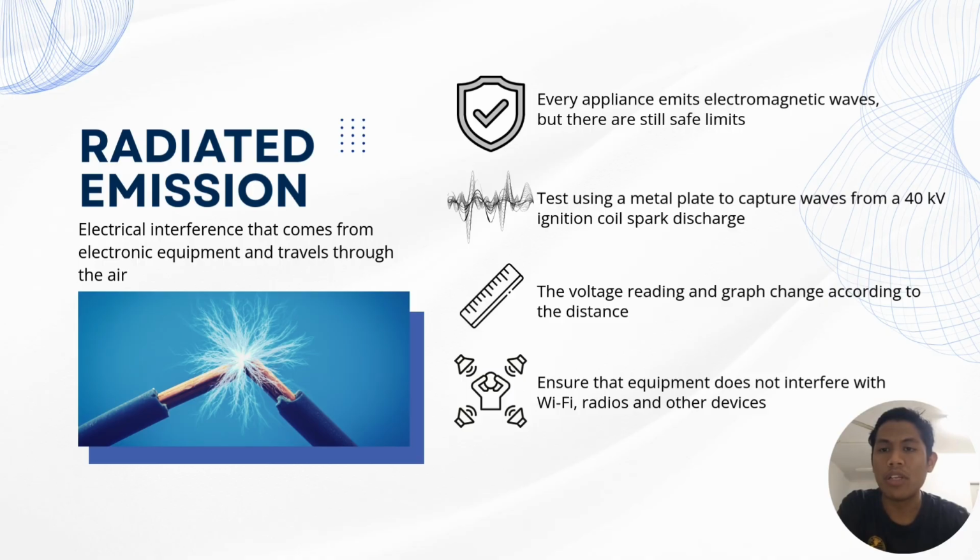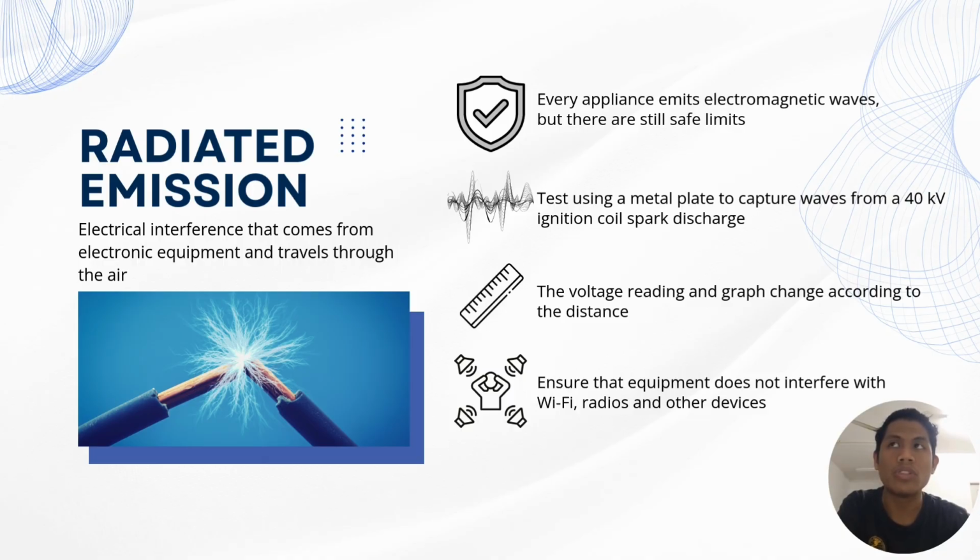The first point is, every appliance emits electromagnetic waves, but there are still safe limits. In this activity, we test to see whether the waves emitted by the equipment are too strong or still within the allowed limits, using a metal plate to capture waves from a 50 kilovolt ignition coil spark discharge.